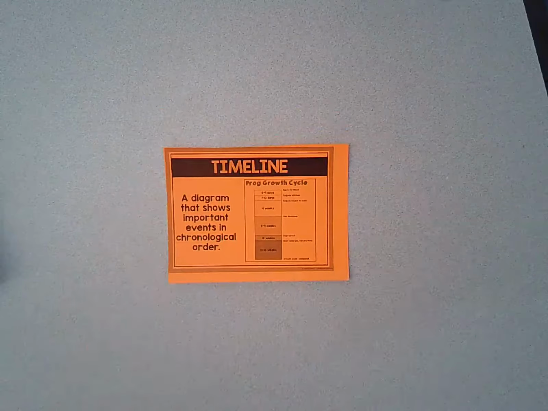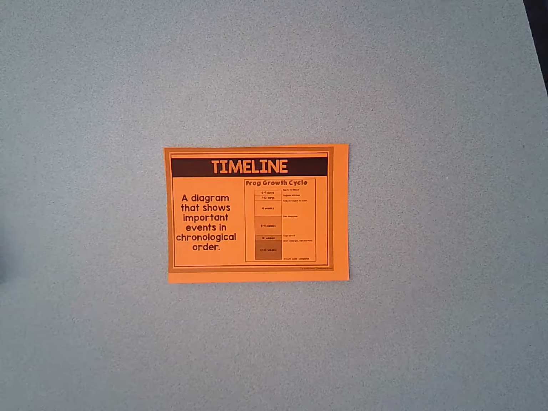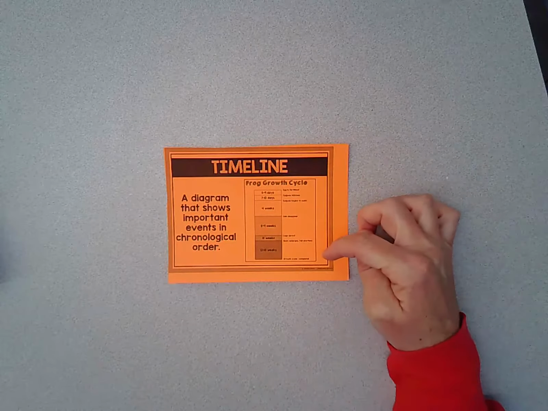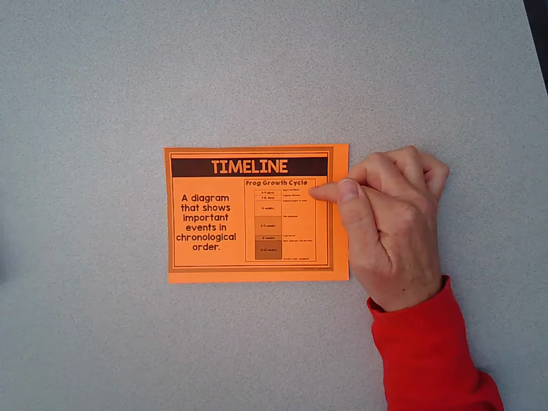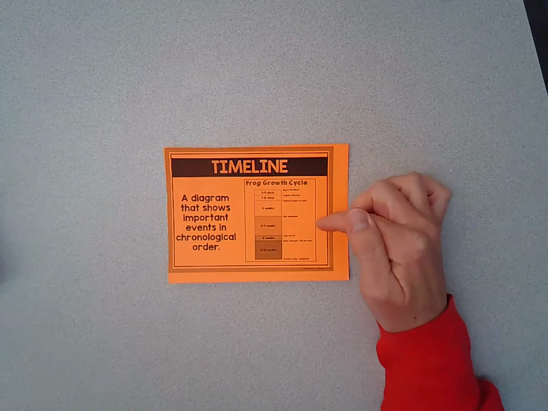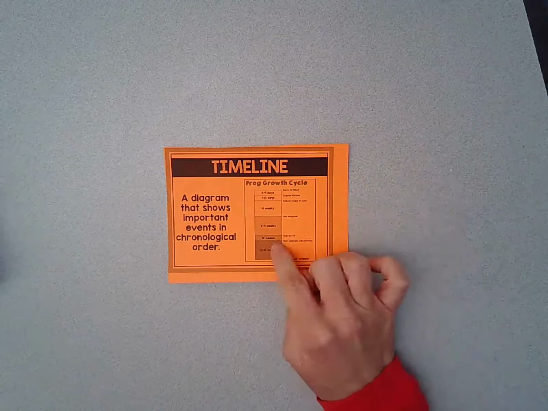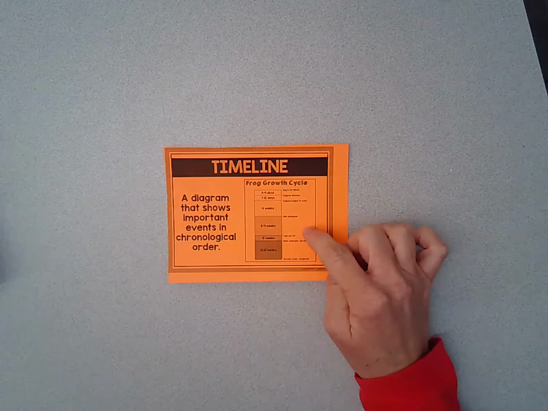Timeline. So it shows us important events in chronological order. So that means the order in which they happen. If you look at the timeline of the frog growth, 6 to 9 days, the egg is fertilized. In 7 to 10 days, a tadpole hatches. 4 weeks, tadpoles begin to swim. 4 to 6 weeks, gills disappear. 12 weeks, legs sprout.